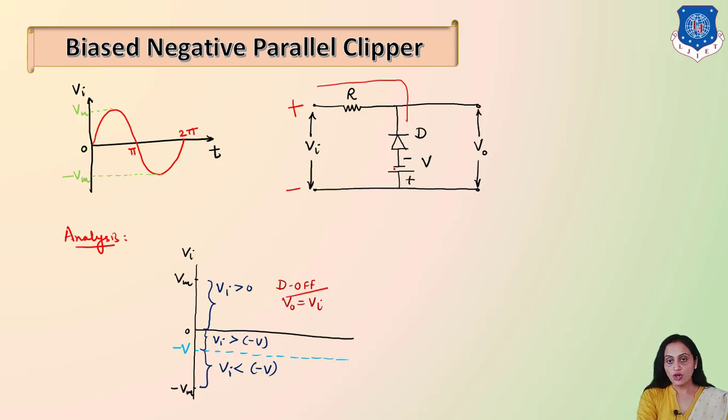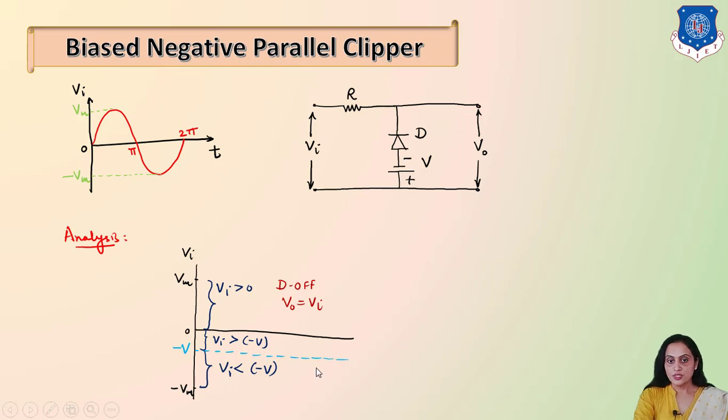When the diode is off during the whole positive half cycle, it acts as an open circuit, because we are considering the ideal diode. That is why the output voltage is directly connected to the input like this. There is no connecting path from this terminal to this terminal. That is why the output is equal to the input during the positive half cycle.